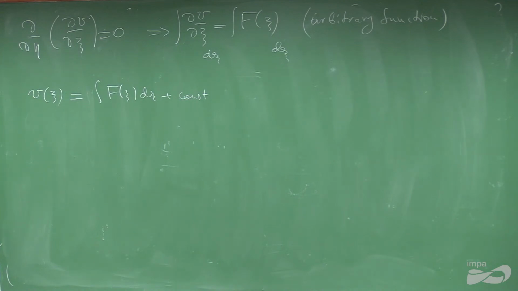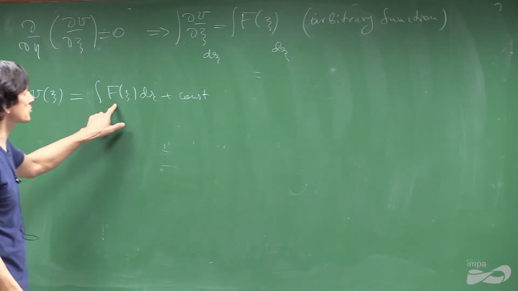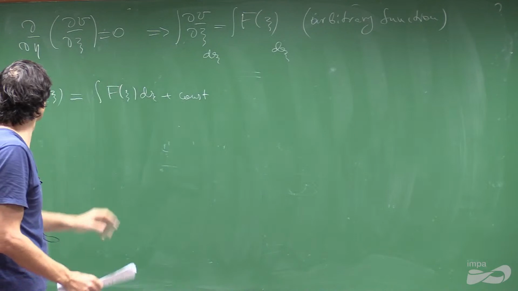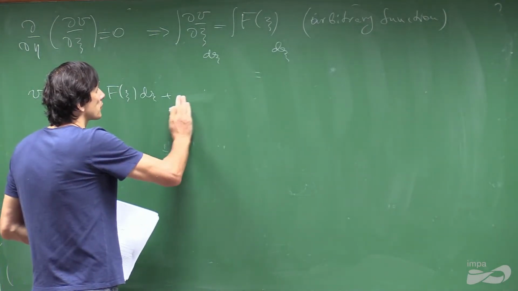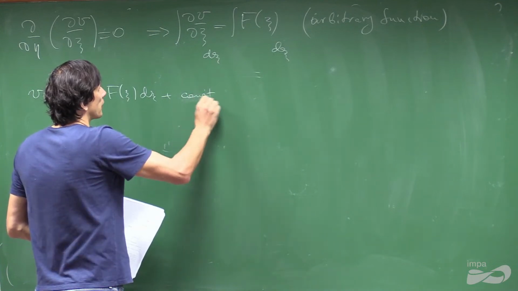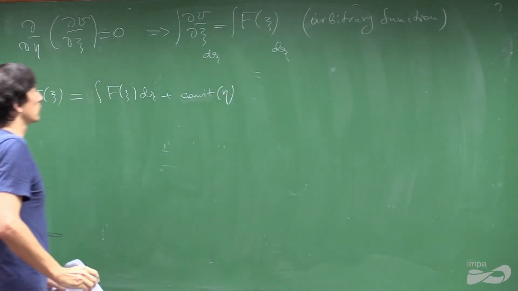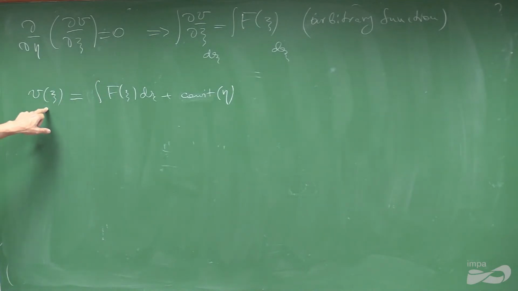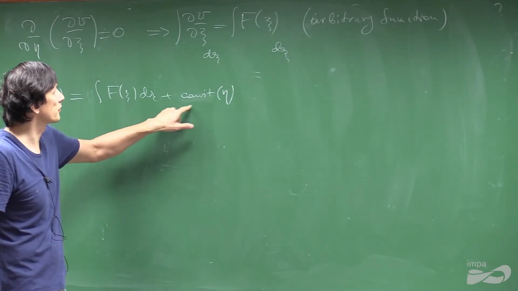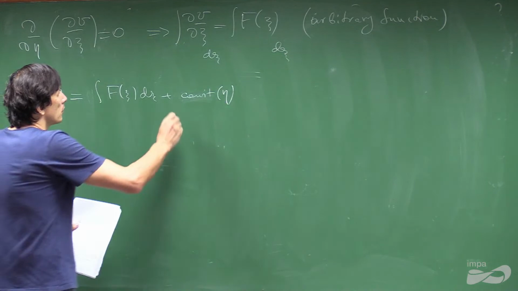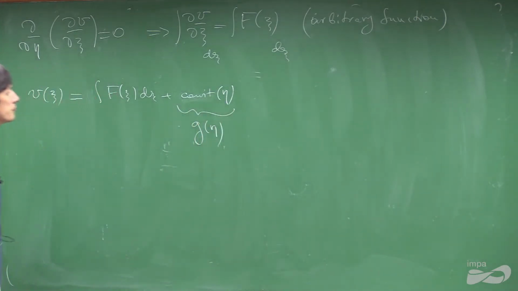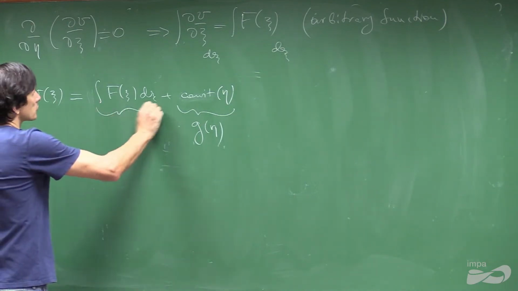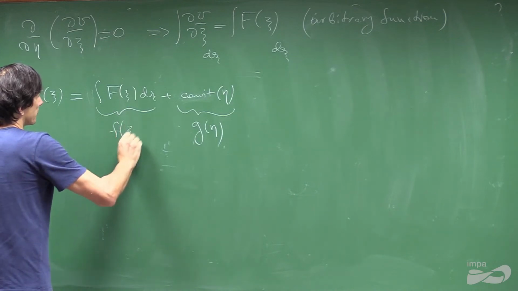But now this was integral of an arbitrary function plus arbitrary constant, so this is still arbitrary plus constant, but this constant can depend on eta, right? We just integrate with respect to psi, so whatever is left can be dependent on eta. So we call this j of eta, an arbitrary function, and this is still an arbitrary function which depends on psi.